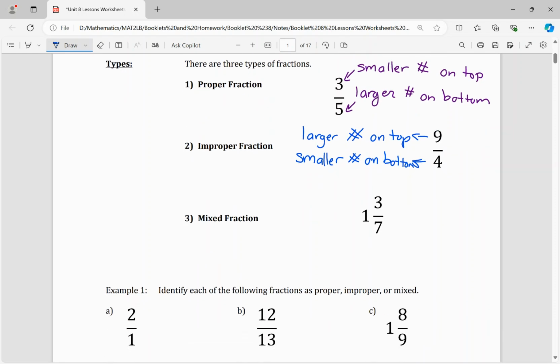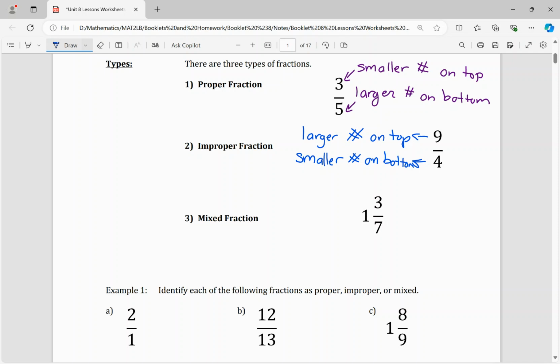Now, the last kind of fraction is a mixed fraction. This one is easy to see because you will have a large number that's on the side. We call that a whole number. So this would be 1 and 3 over 7 is how you would say that. Right? A mixed fraction is a different way to write an improper fraction.